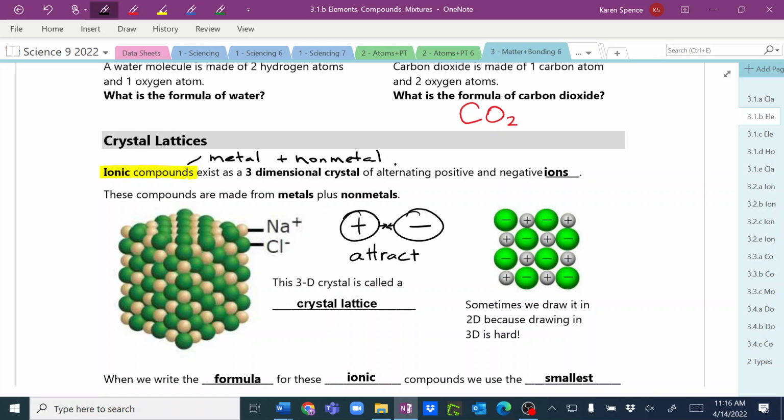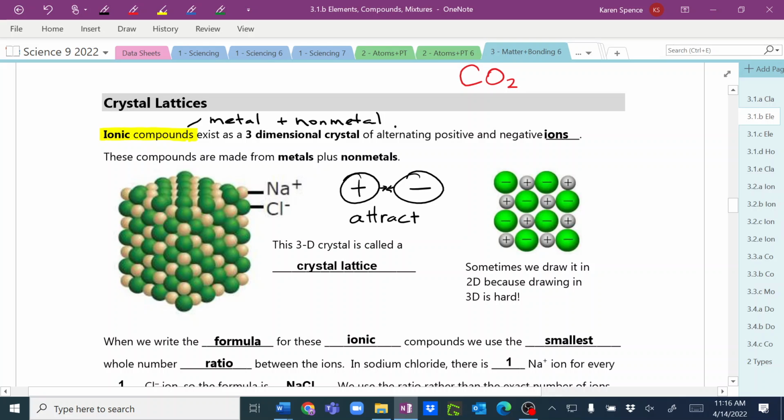It is really hard to draw this, because 3D is really hard to draw. So often we will draw it in 2 dimensions, and in between the positive and the negative, we have an attractive force. What do you think we call that attractive force between the positive ion and the negative ion?